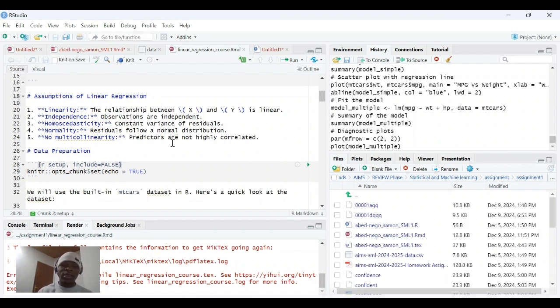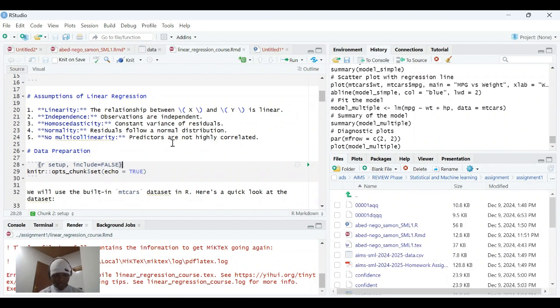The third assumption is constant variance of residuals. The residuals should have a constant variance. We will see at the end of this presentation how to check these assumptions on our model, to help us validate whether the model will be useful or not.